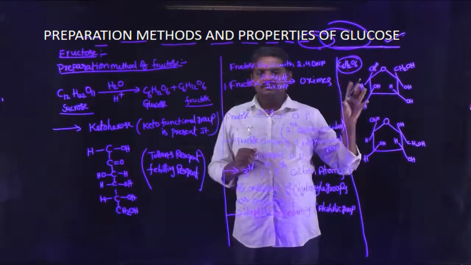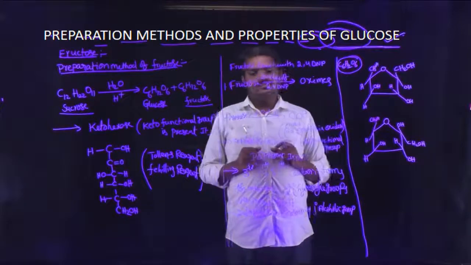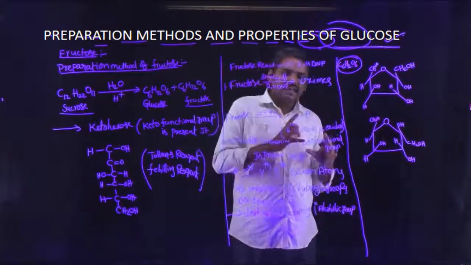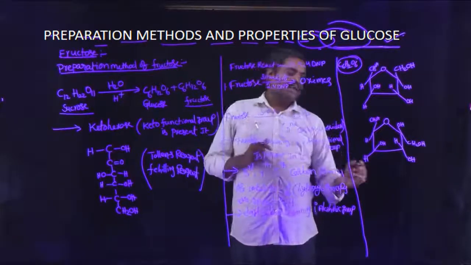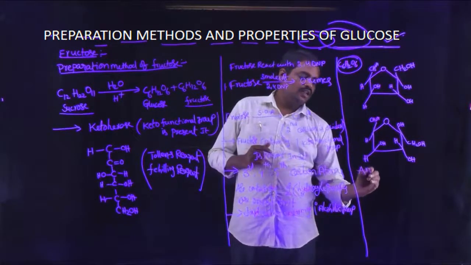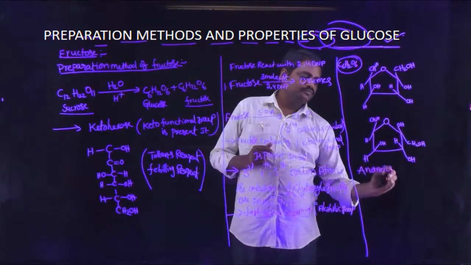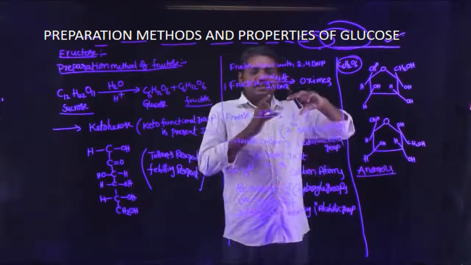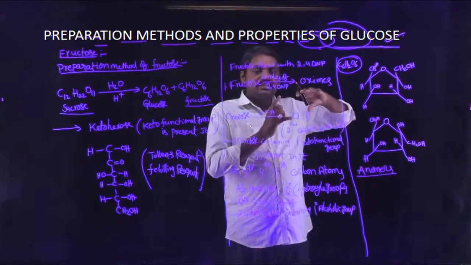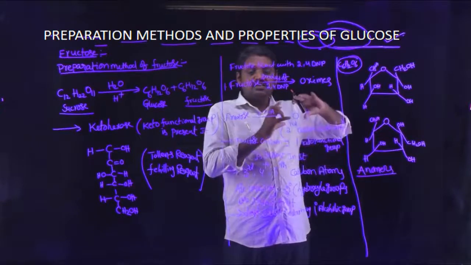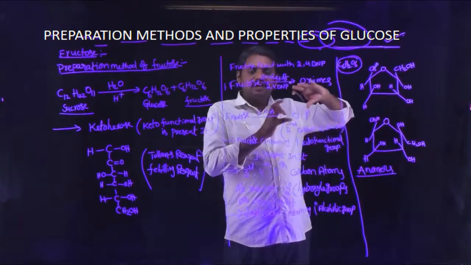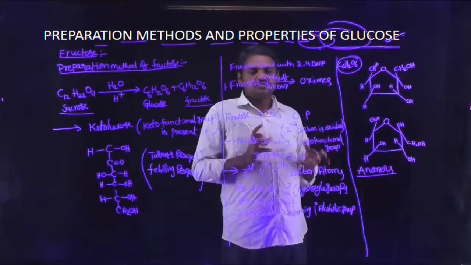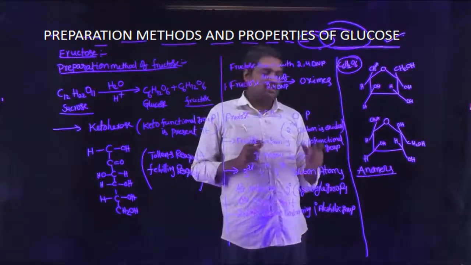The alpha form and the beta form of fructose both are anomers. Anomers means only one carbon configuration differs. The total structures are the same, but the one carbon configuration differs. So those types of units are known as anomers.